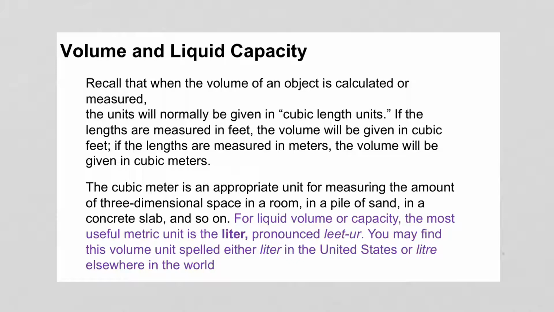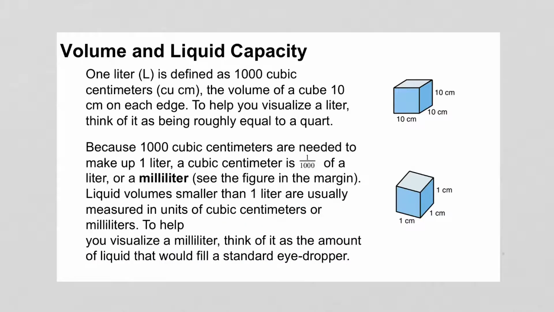For liquid volume or capacity, the most useful metric unit is the liter. 1 liter is defined as 1,000 cubic centimeters, or the volume of a cube, 10 centimeters in length, 10 centimeters in width, and 10 centimeters in height.